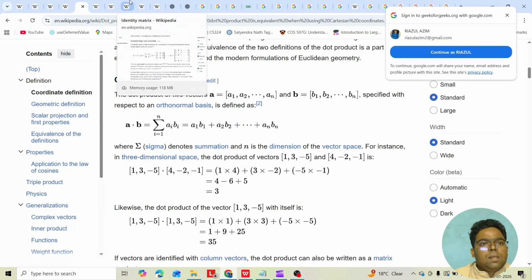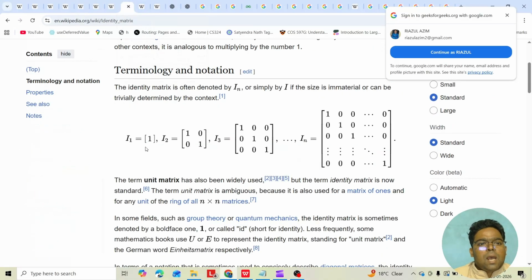So the identity matrix I1 is 1, I2 is 1 0 0 1, I3 is this one, and In is this one. So I have 3 cross 3 matrices for I3 and n cross n matrices for In. You can see that the element in the first row and first column is 1, and the second row and second column is 1.